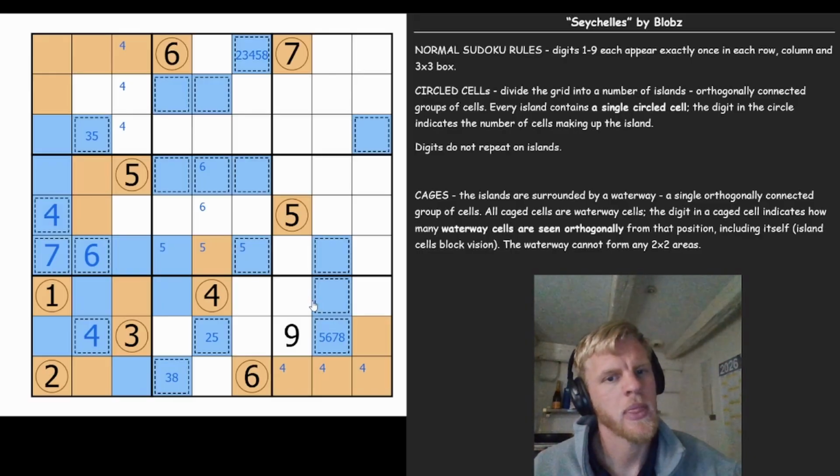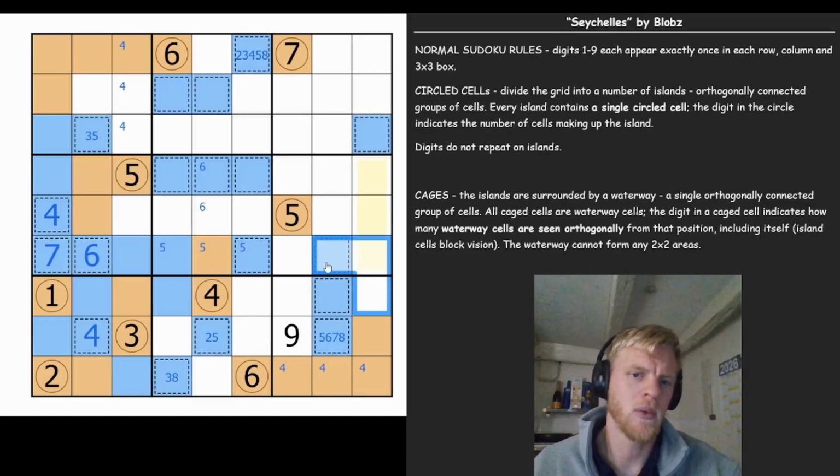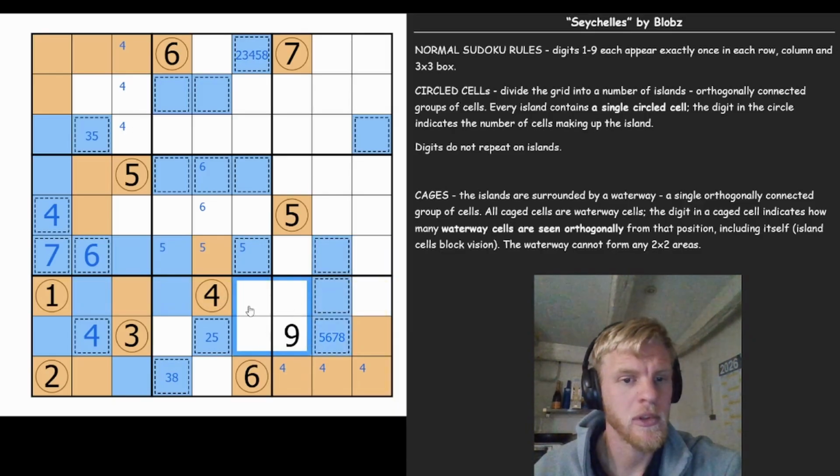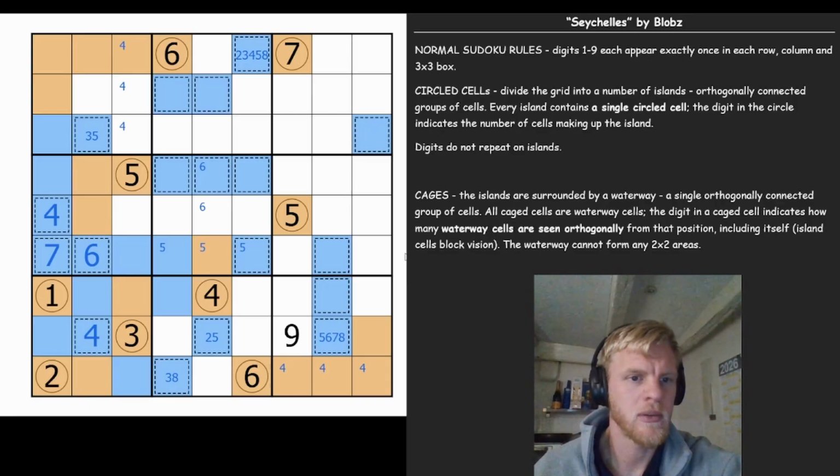Okay. What about this? Because if we have water like this, one of the digits definitely needs to be in here, at least one. Because then we would have a 2 by 2 water area here, which is not good.